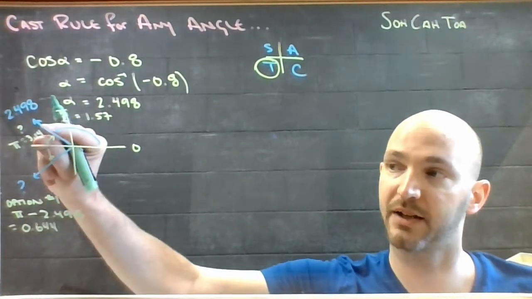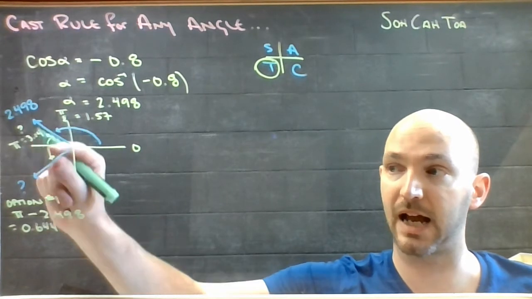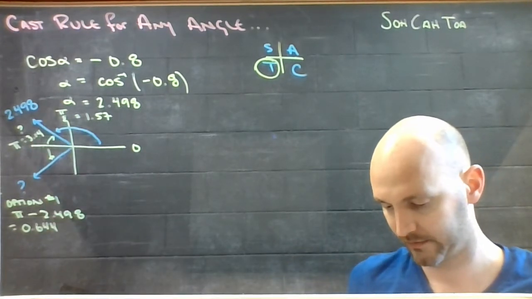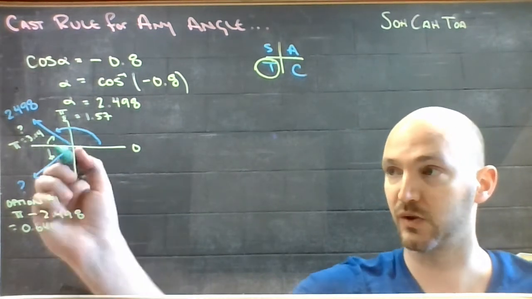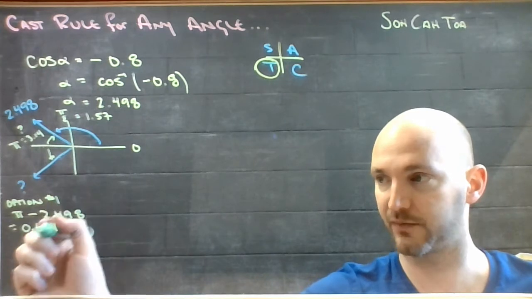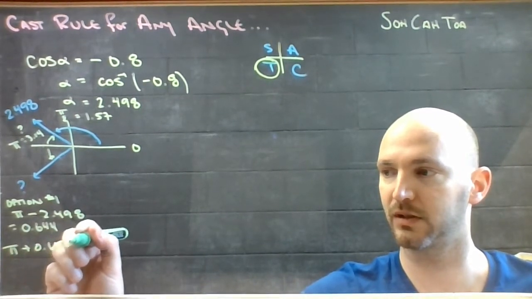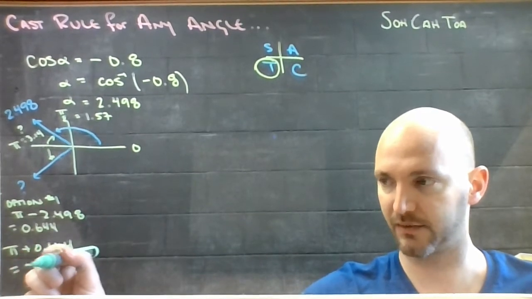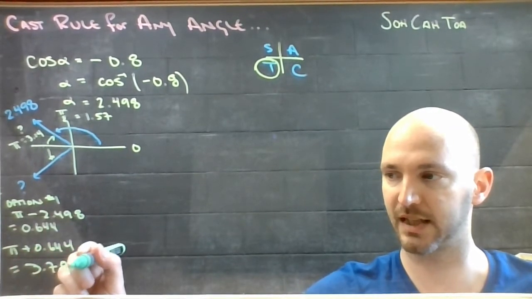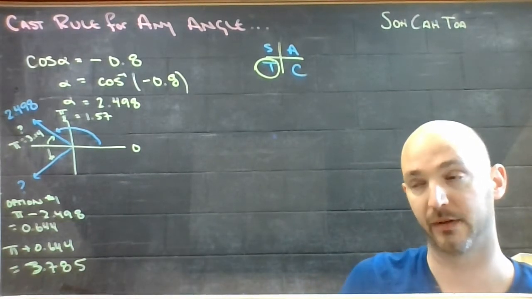So now that I know that this wedge is 0.644 radians, I'm going to add it to pi. So if I add that chunk to my full pi radians, I get 3.785. That's my solution that is slightly bigger than pi, so that's one of my options. I could do it that way.